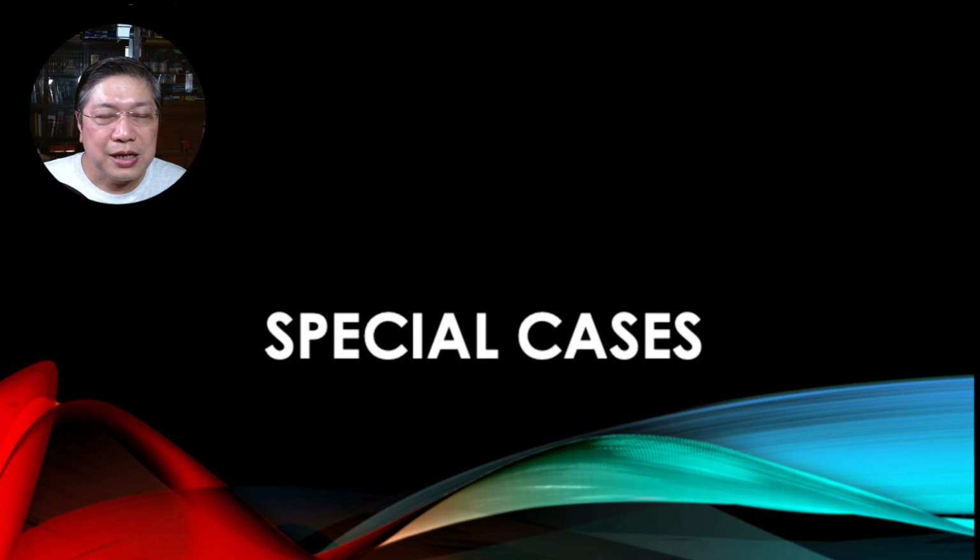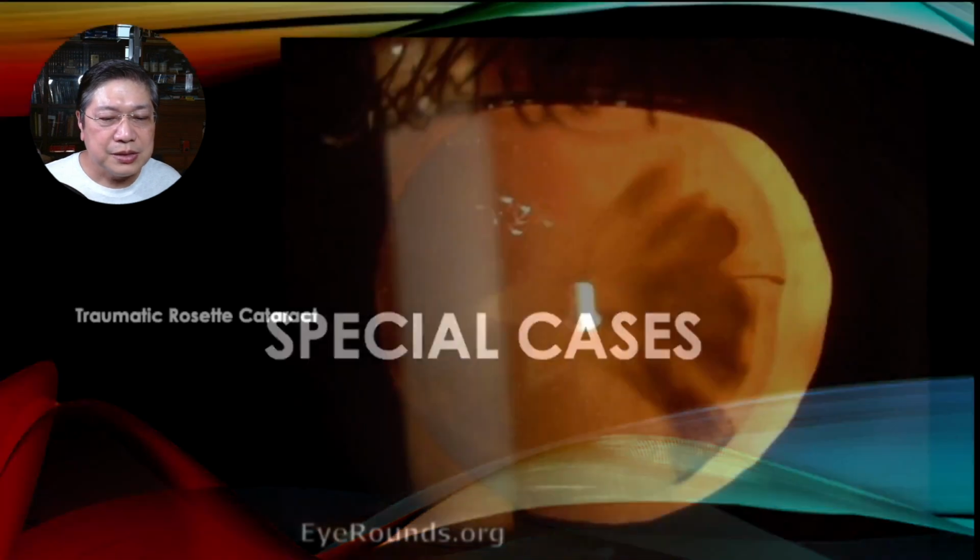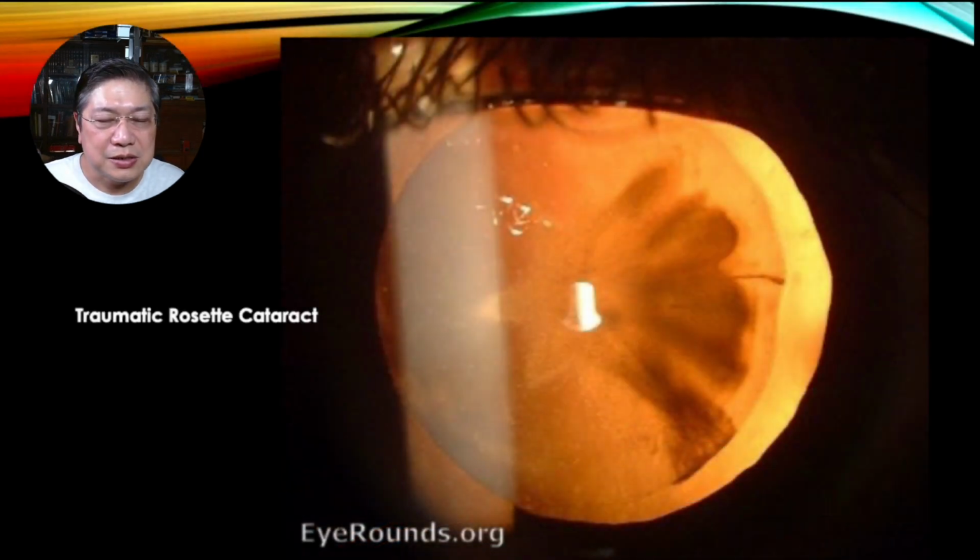Now, not all cataracts behave the same way. Usually, you will see special cases of cataracts, such as traumatic cataracts. When you see the rosette type, the flower type, this is a traumatic cataract from a patient that was punched.